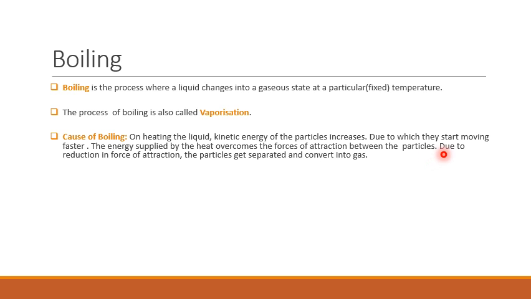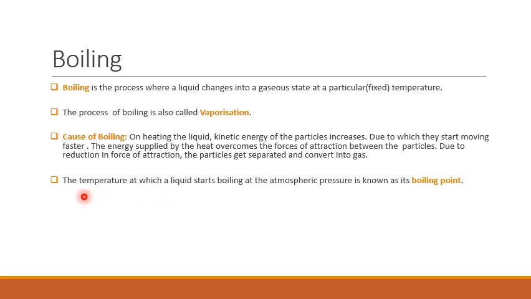And since the force of attraction is reduced, these liquid particles would move apart or get separated and it would convert into a gas. Now the temperature at which a liquid starts boiling at the atmospheric pressure is known as its boiling point. So again, the pressure should be fixed. The boiling point of water at normal pressure is 100 degrees Celsius.